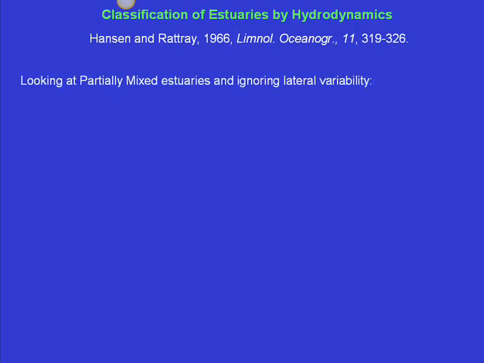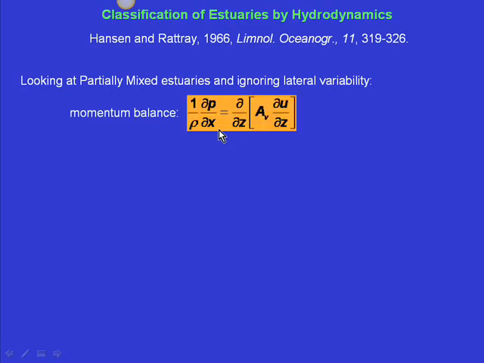And it's really restricted to any kind of estuaries, but they start their approach looking at partially mixed estuaries, ignoring lateral variability. So keep in mind that there's no lateral variability, in which case we come back to the framework that we had established way back. What does that tell you?